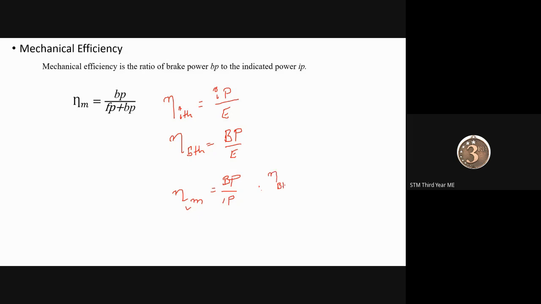If you are taking the ratio of the brake thermal efficiency and the indicated thermal efficiency, what will we obtain? We will obtain BP by E divided by IP by E. This E and E will be cancelled, and we will be getting BP by IP.